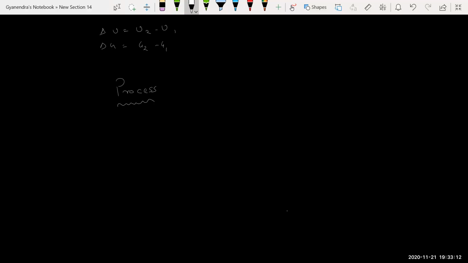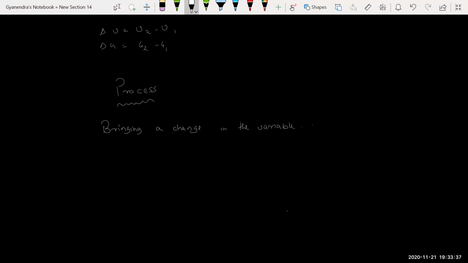A method to do the work, sir. Yes, bringing a change in the variables of a system, bringing a change in the condition of the system, in the thermodynamic variables, is a process.